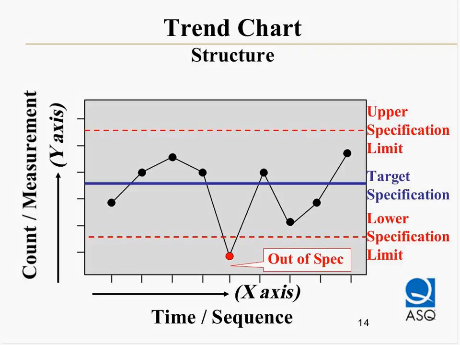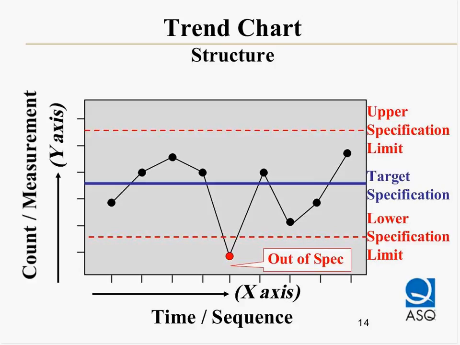Let's look at a trend chart, the structure of what it looks like. On the axis, we can plot either time or sequence. That's the x-axis. In the y-axis, we can put the counts of the attribute or discrete data or the measurements of variable continuous data.